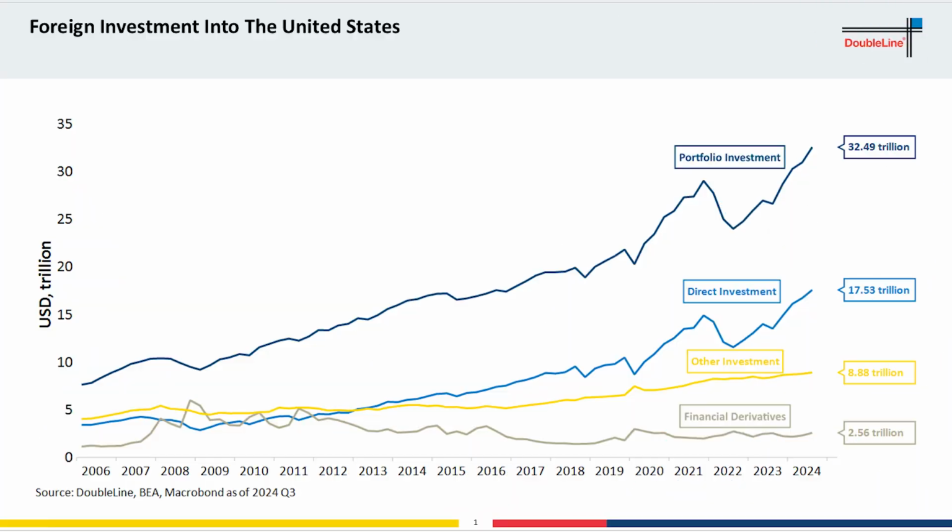And one thing that we have talked about in the past is the large deficit that the United States runs in their net international investment position. There's more global savings that came into the U.S. than U.S. investors buying foreign assets.